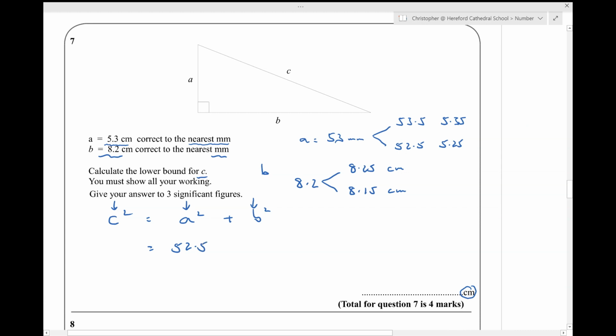That won't do, of course, I've gone into millimetres there. So let's stick to centimetres: 5.25 squared plus 8.15 squared.